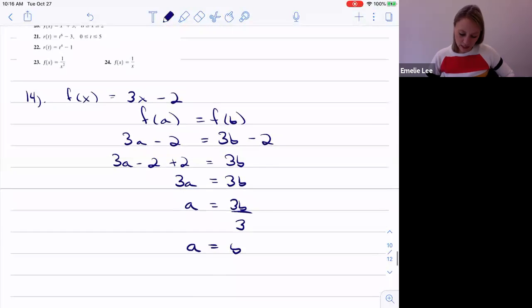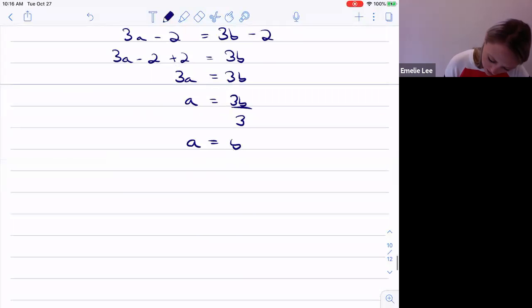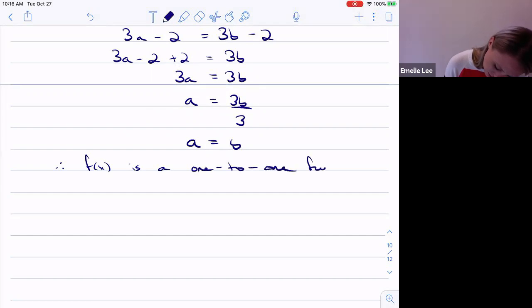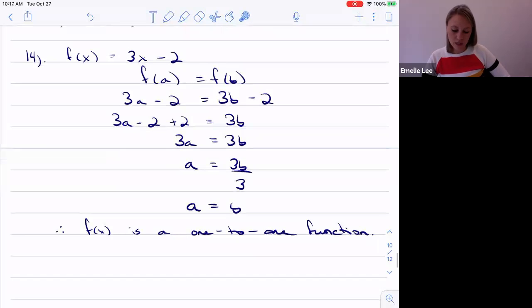Therefore, because we were able to show that if f of a is equal to f of b, that means a is equal to b, that's the reason that I can conclude that this thing is one-to-one. So f of x is a one-to-one function. Now, we don't do a lot of proofs in this course, but this is one of them, and it flows nicely.